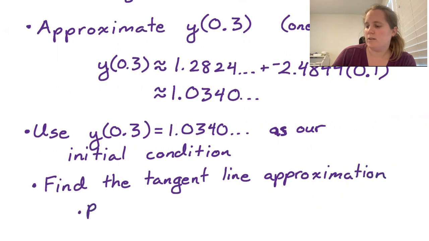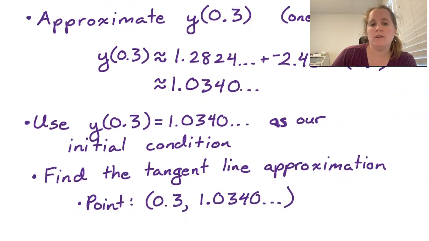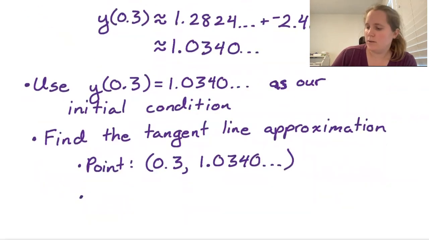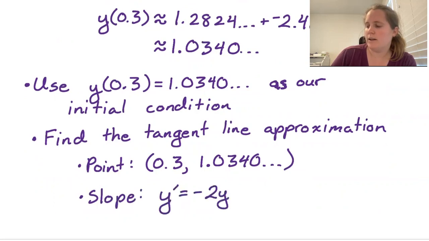So we have our tangent line approximation. We have a point of 0.3, 1.0340. For our slope, we will once again use the fact that y prime is equal to negative 2y plus 3x squared e to the negative 2x.